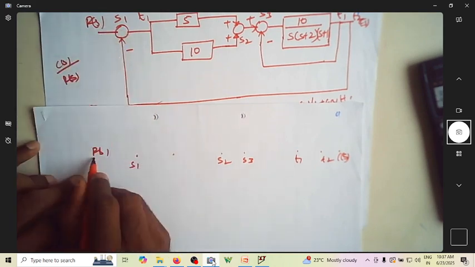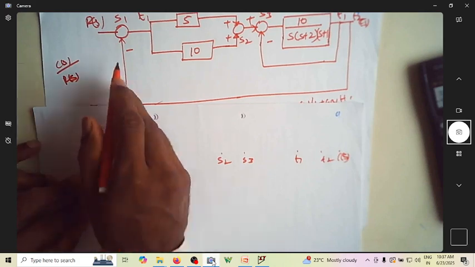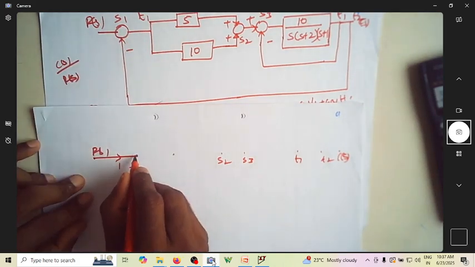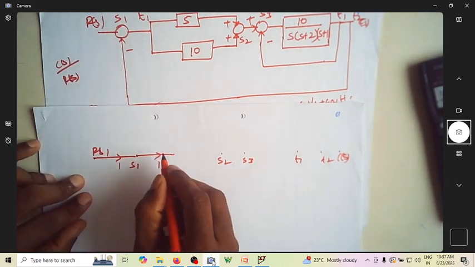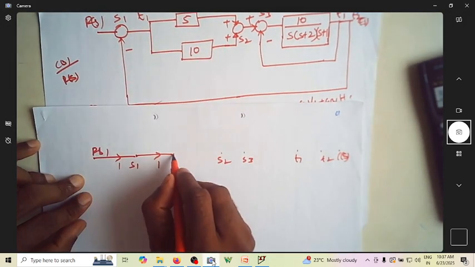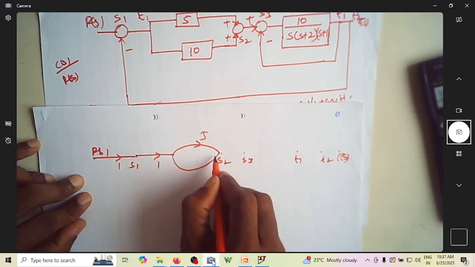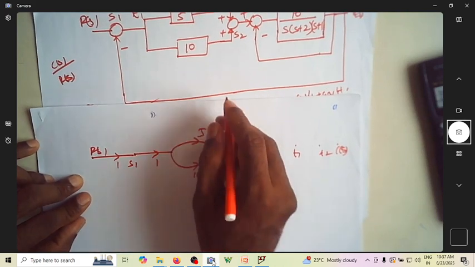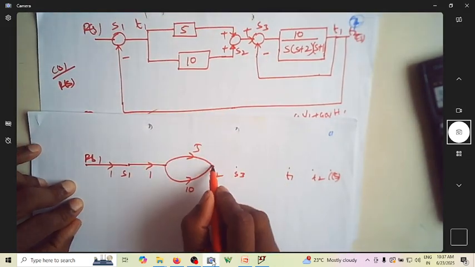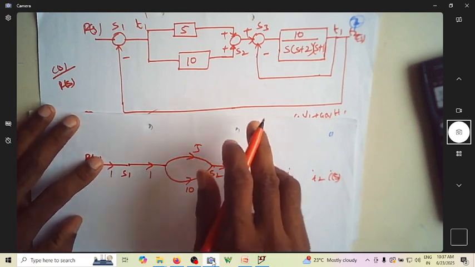Between this and this, you don't have anything. It is simply 1. Between this and this, it is again 1 here. T1 dash to S2, you have it as 5. You have this as 10. And between S2 and S3, it is simply a gain of 1.